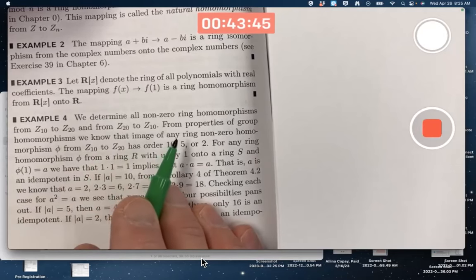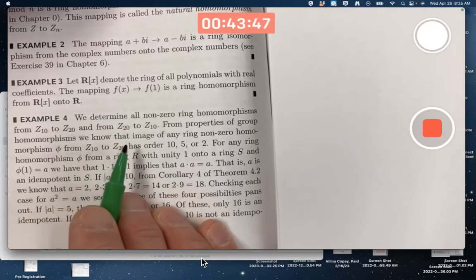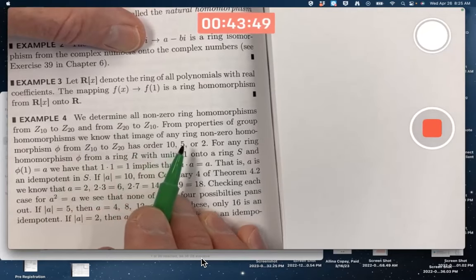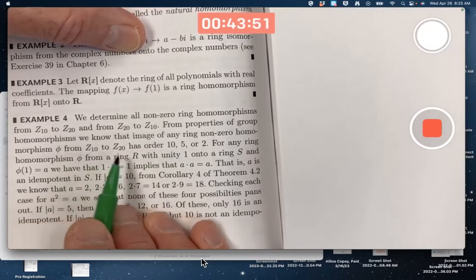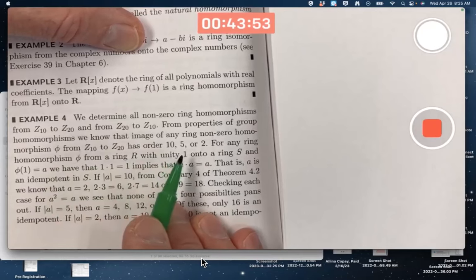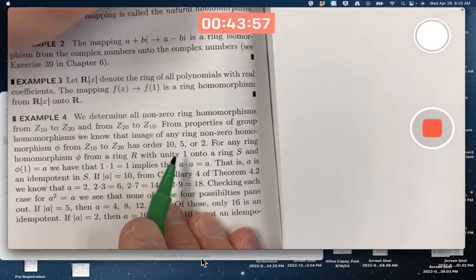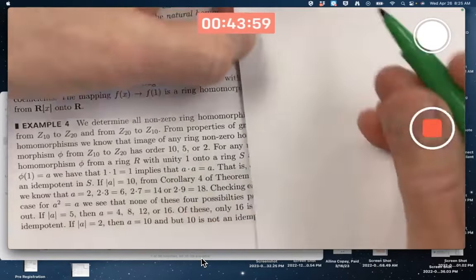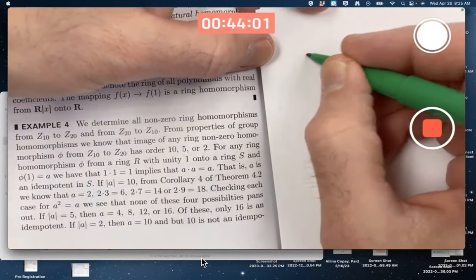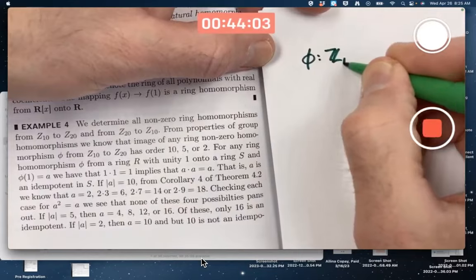Okay, next sentence. From properties of group homomorphisms, we know that the image of any non-zero ring homomorphism from Z10 to Z20 has these orders. Okay, the author actually didn't say that in the best way here. We are focused on a homomorphism from Z10 to Z20.